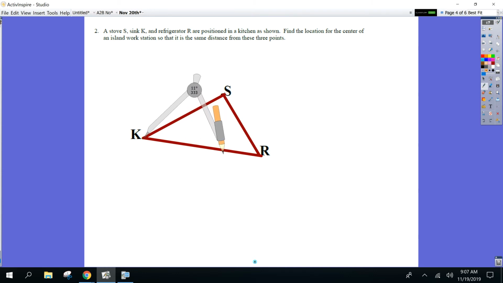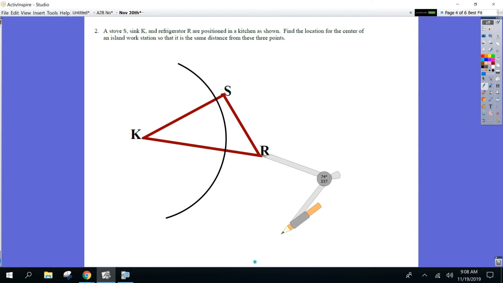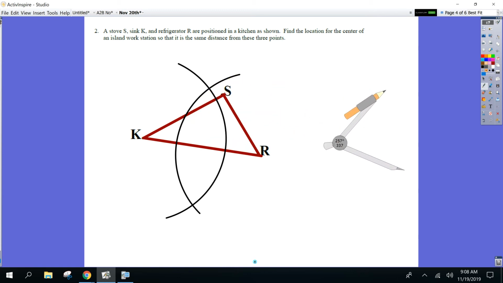You want to make a decent size arc here. We used to call this one the fish. Then keep the compass opening the same, travel over to the other endpoint, and make the same arc so it intersects twice. Then you can grab your straight edge and draw in the perpendicular bisector.